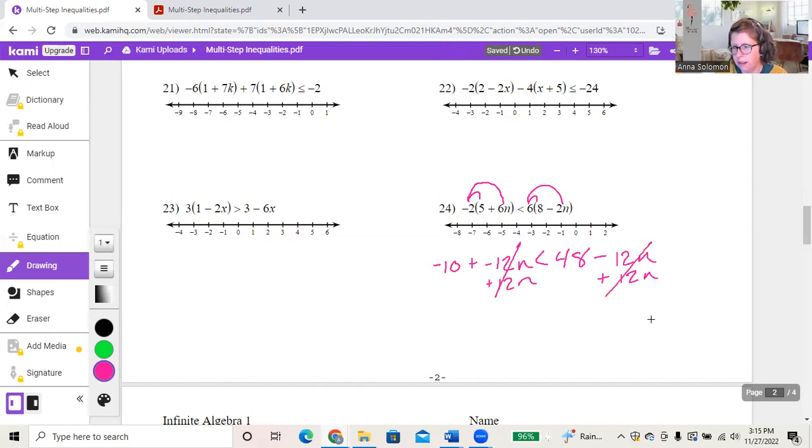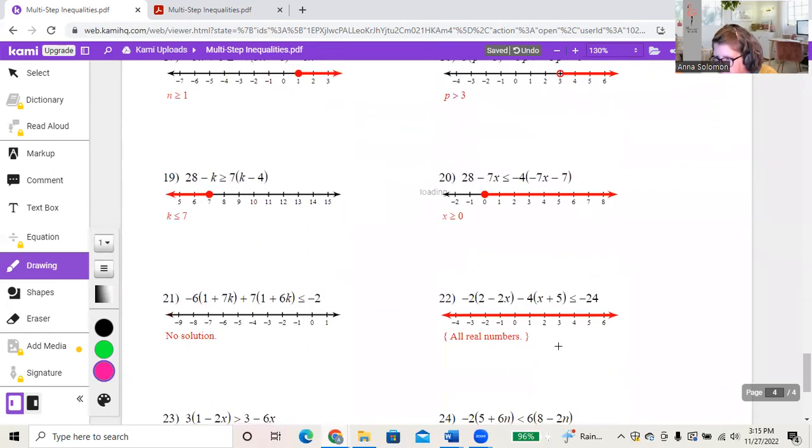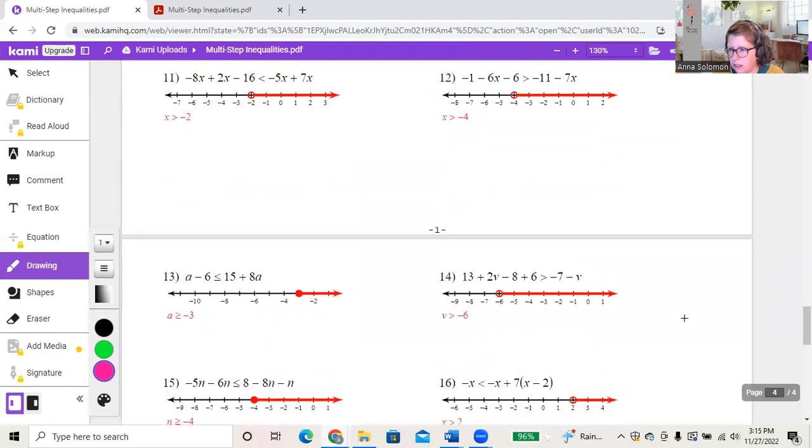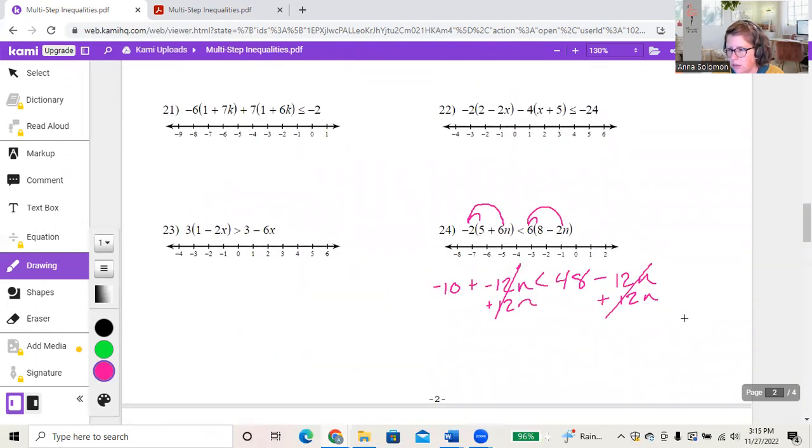So that means that there is no answer for this. Let's see what they say. Let's see if I did it wrong. Oh, okay. It's not that there is no answer. It's that any number works. Isn't that interesting? So how are you supposed to know if it's any answer or no answers? They're not going to do that to you on the test, most likely.